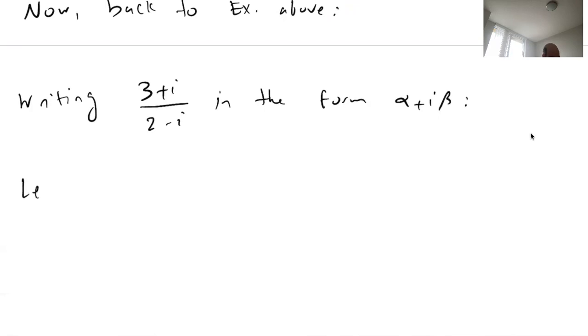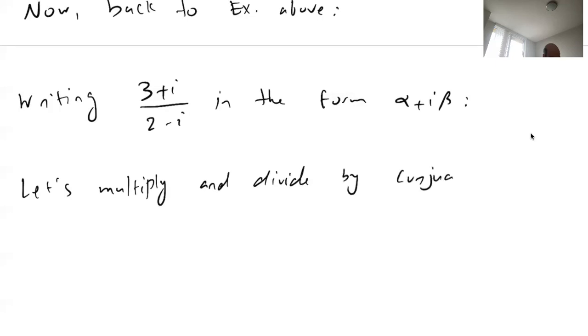So let's multiply and divide by the conjugate of 2 minus I, which is 2 plus I. How can I get the conjugate of a complex number? It's very simple. Just simply replace I with minus I. So the conjugate of 2 minus I will be 2 plus I.